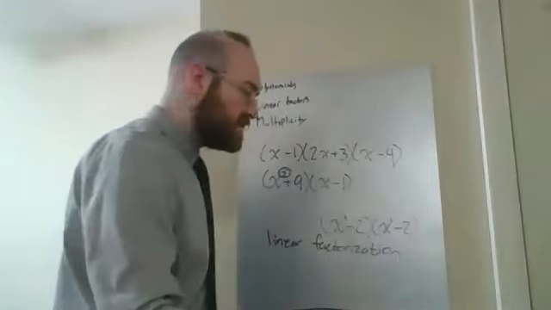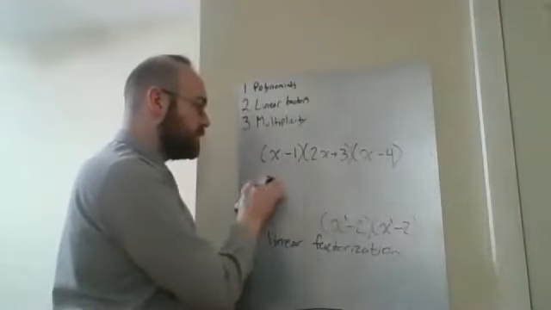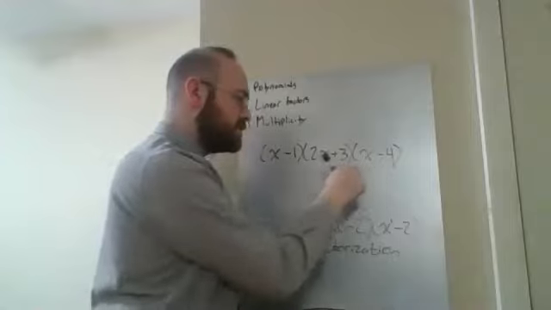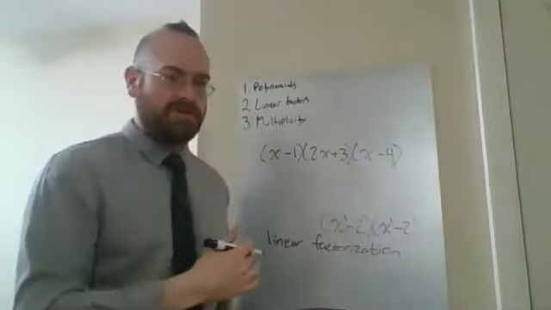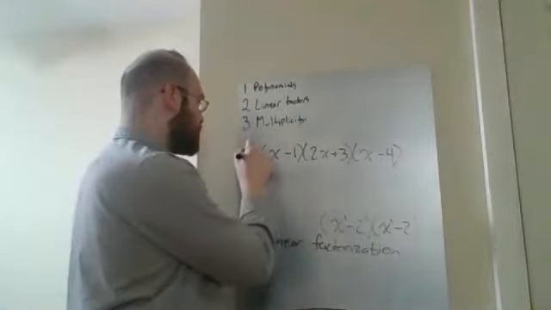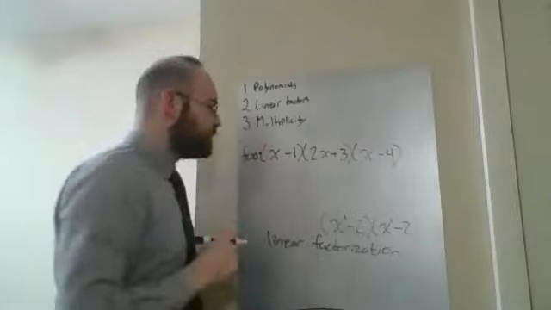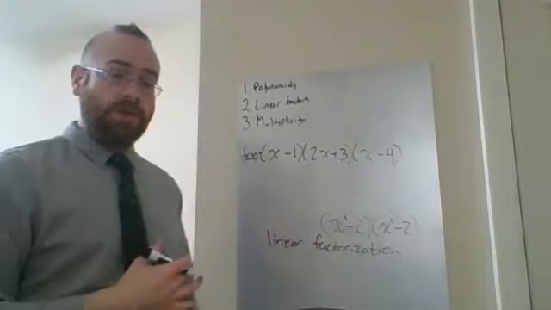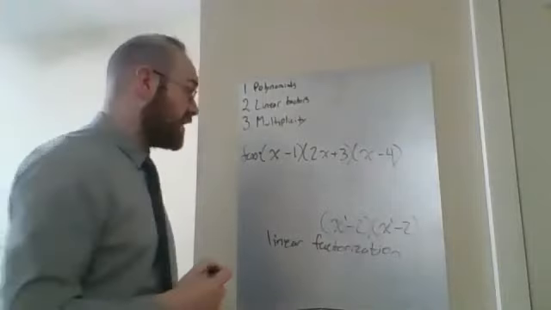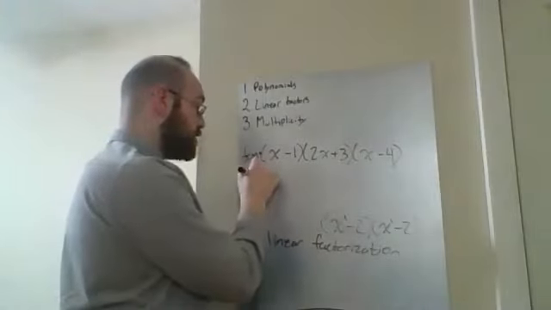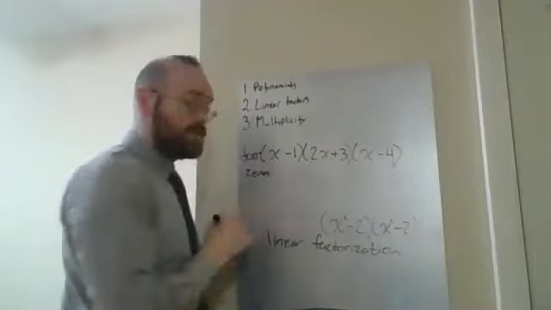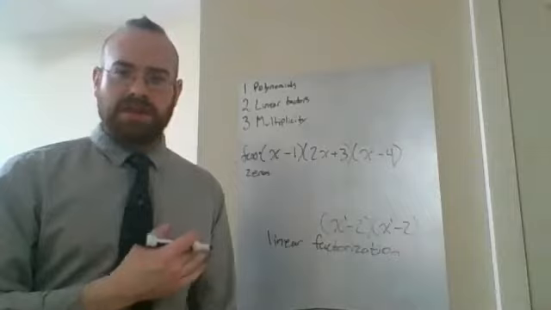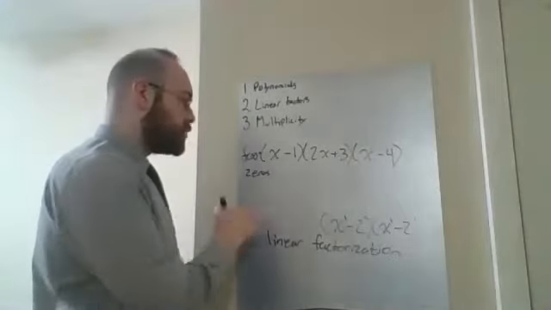But for now, notice that if we look at these two examples, this expression, it's not really a function yet, but let's just call it f of x to make it a function. This function has 3 different factors, and we could write the zeros of these factors. So our zeros, our solutions, are the numbers we plug into each factor that makes that factor 0, which is why they're called zeros.